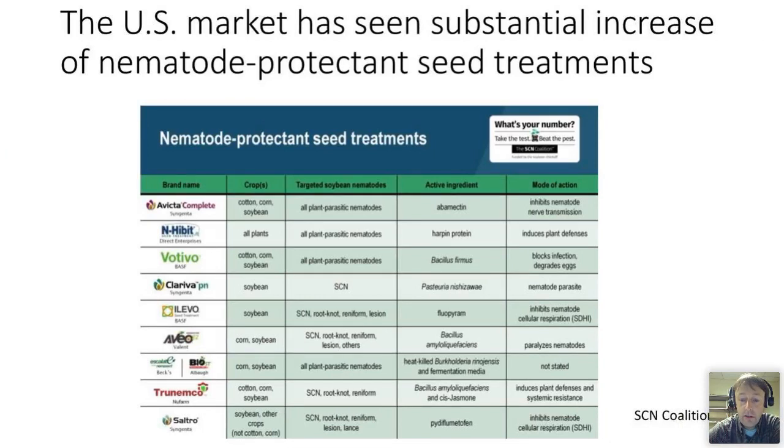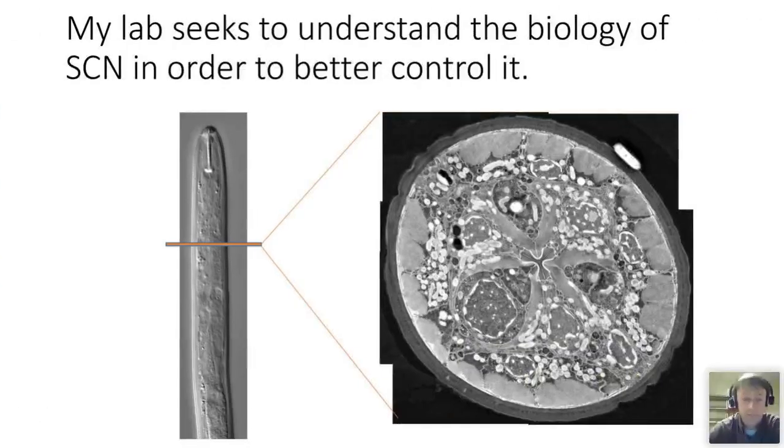The last component that Shannon mentioned are seed treatments. There are, at least in the US market, about a dozen or so different seed treatments. We're still trying to get new data on these in terms of looking at their efficacy, but it is something to consider to add in combination with resistance and rotation.